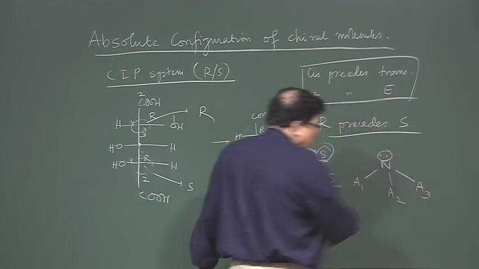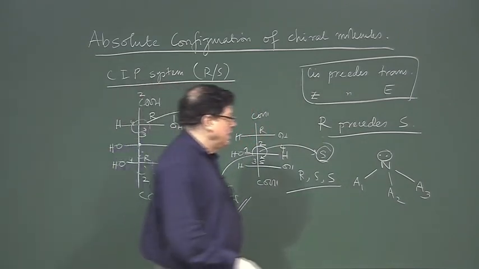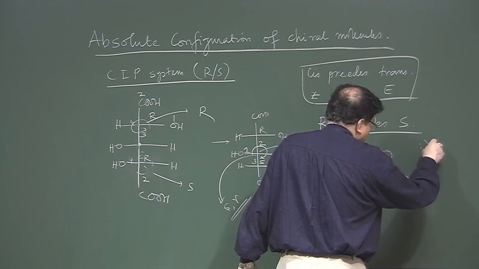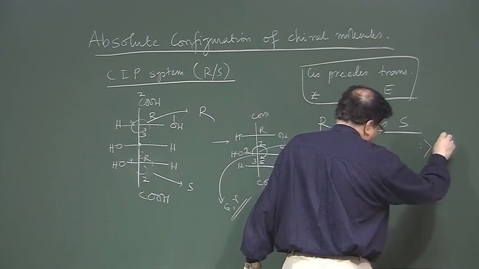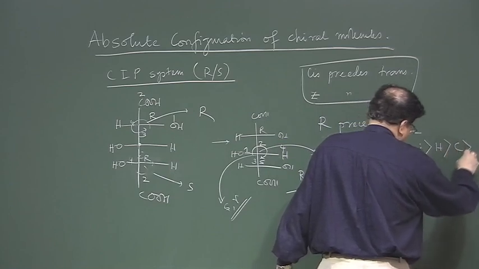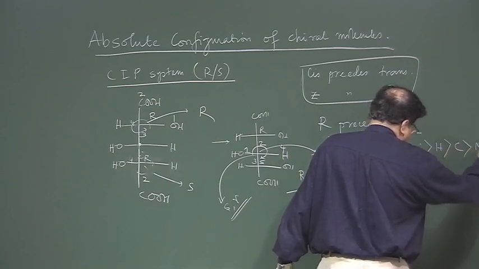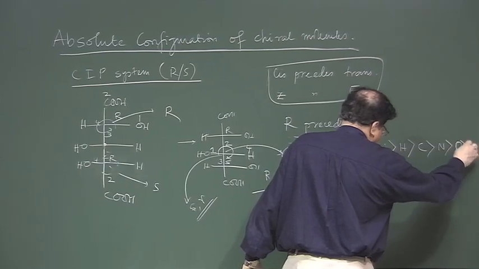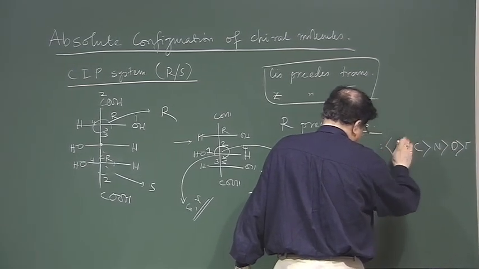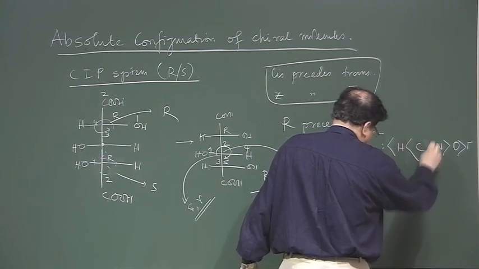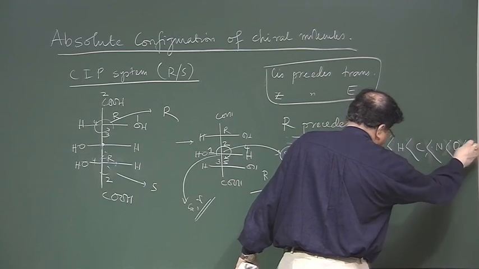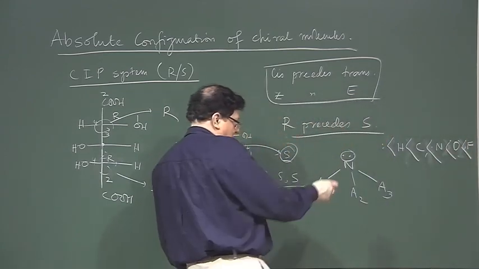Because the lone pair has no atomic number, it is only electrons, the lone pair is the least priority group, followed by hydrogen and then followed by carbon, then nitrogen, then oxygen, then fluorine. Oxygen is less preferred than fluorine. So, this is the priority.